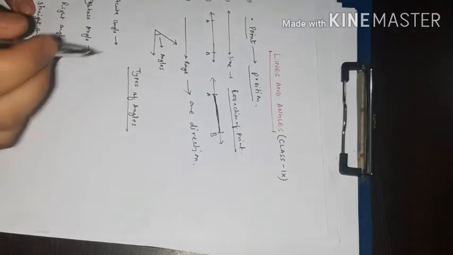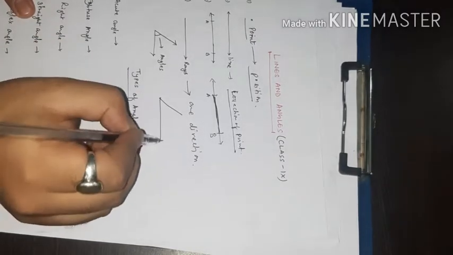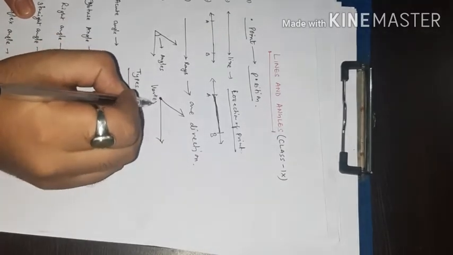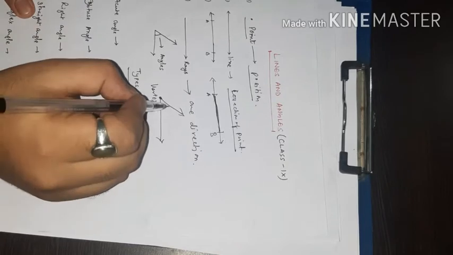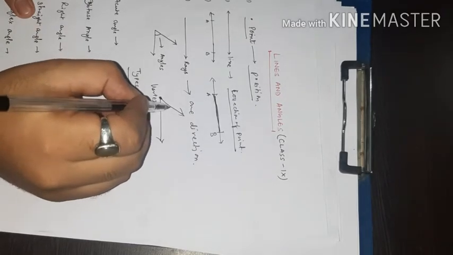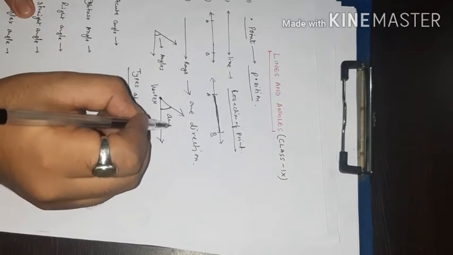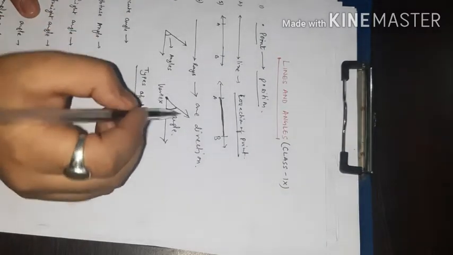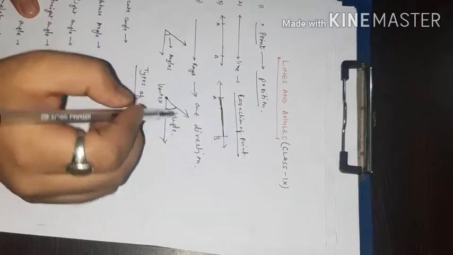When two rays meet at one point, that point is called your vertex, and the opening between them we call an angle. These are lines and this is your angle.